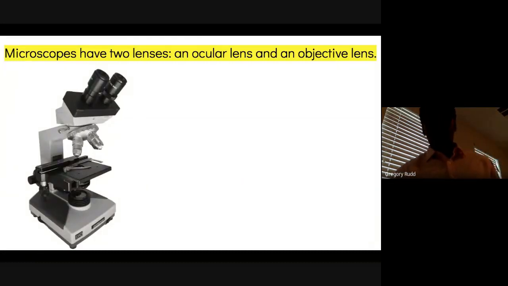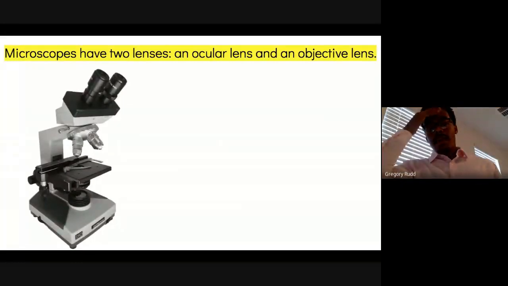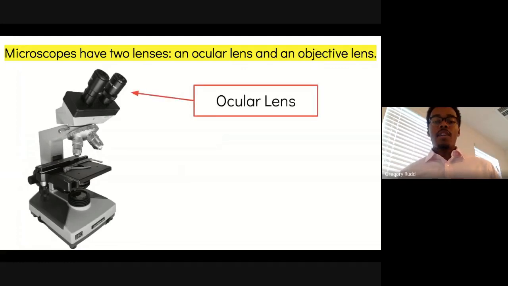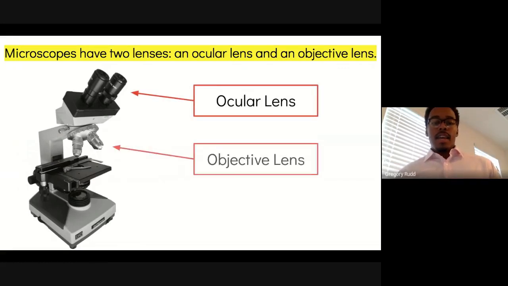But microscopes are extremely useful, not just in biology, but in essentially all fields of science. And you all are probably pretty familiar with this very basic microscope. It's got an ocular lens and an objective lens. The ocular lens, ocular is a word meaning eyes.